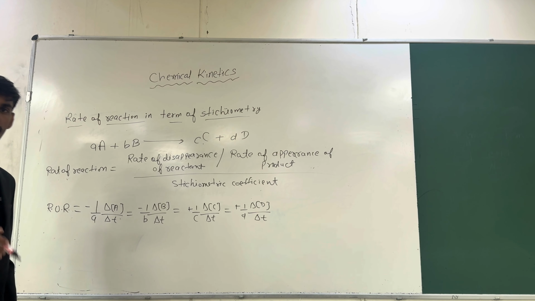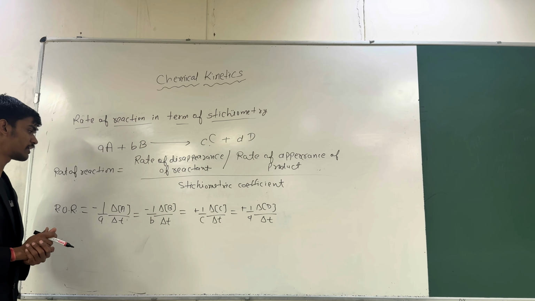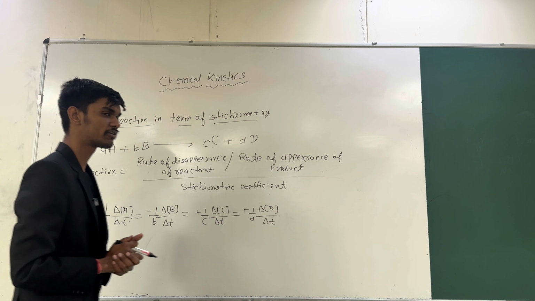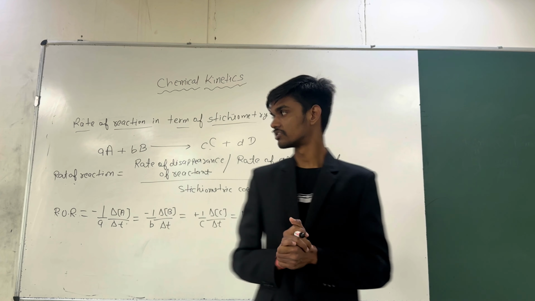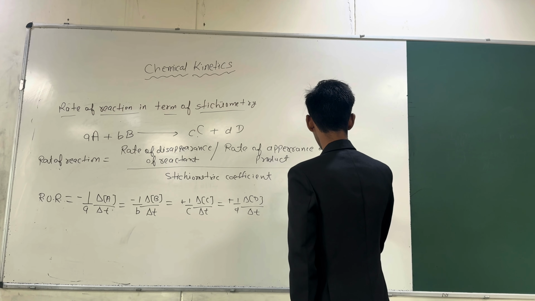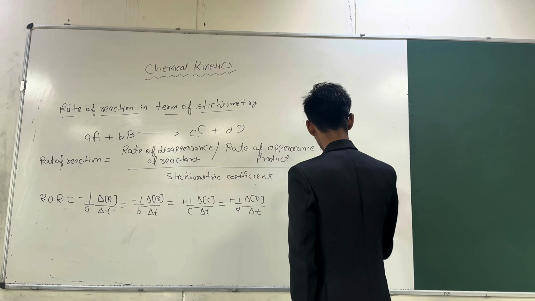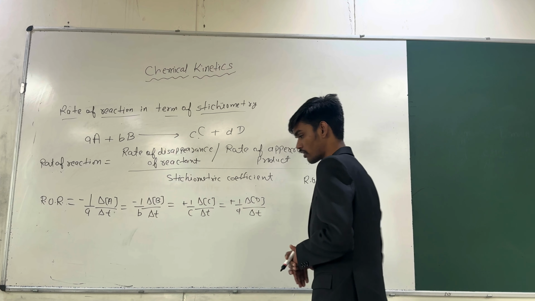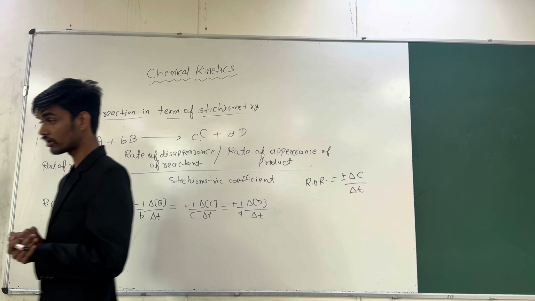Since the concentration of reactant is decreasing, we use a negative sign here, and for product we use a positive sign. So in short, rate of reaction can be written as plus or minus del C by del t. Plus is used for product and minus is used for reactant.